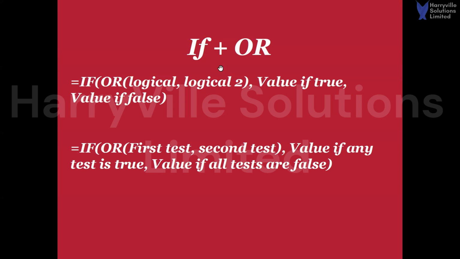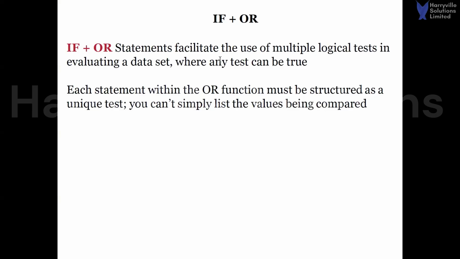They have to be true for Excel to give us a value if true. But if or, that is nesting or with if, gives us a much more dynamic if logical function. The if or statement helps to facilitate the use of multiple logical tests in evaluating a data set where any test can be true.